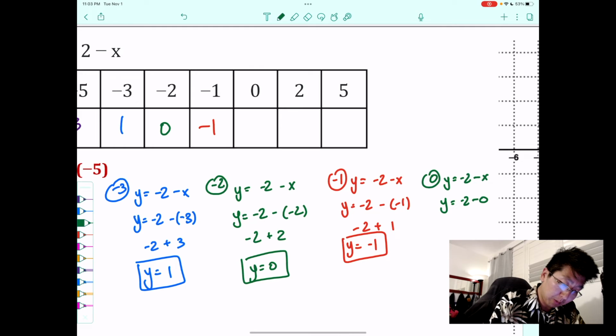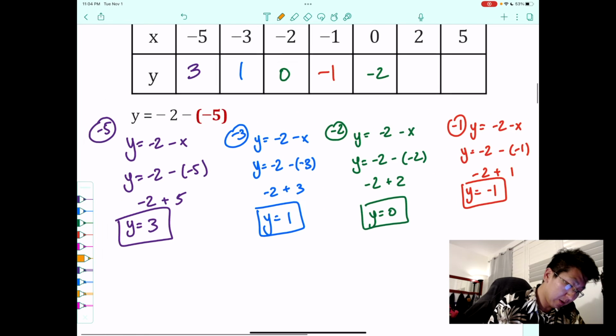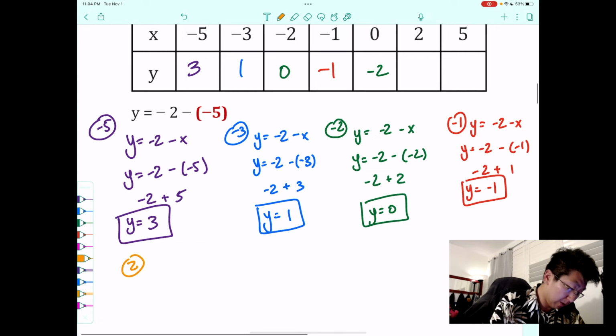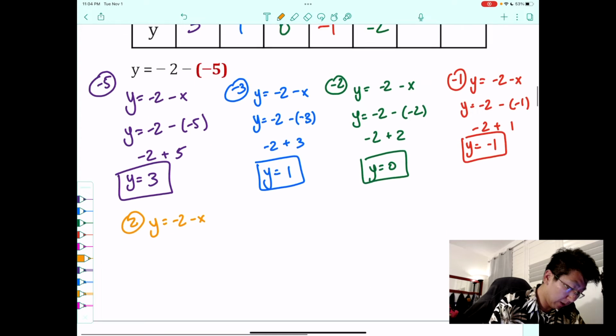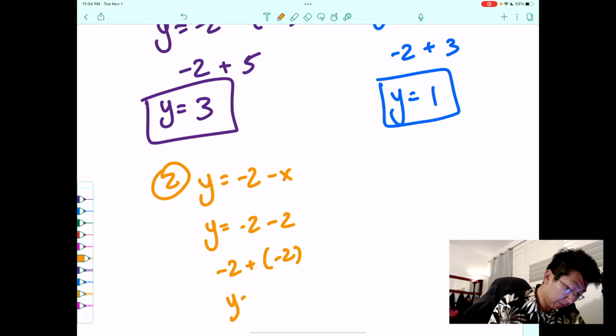Y equals -2. Then 2: y equals -2 minus 2, which is -2 plus -2. Y equals -4.